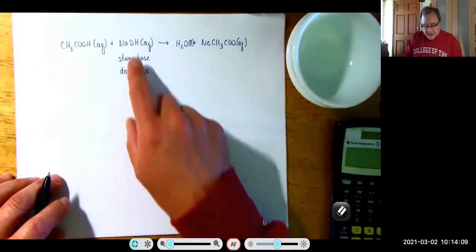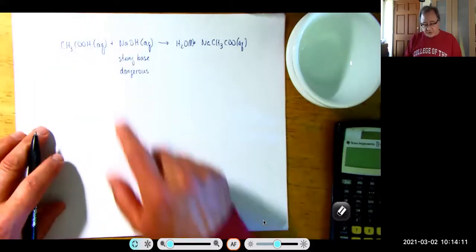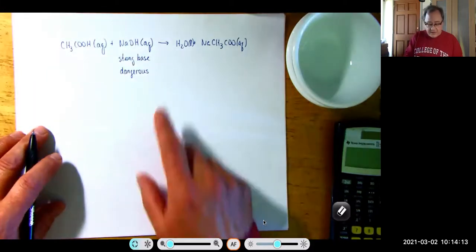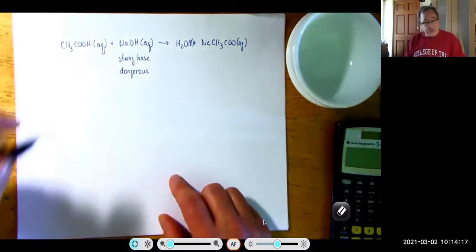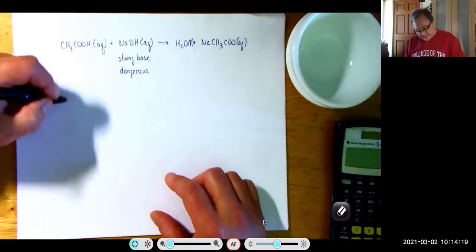Now, to do this reaction, we need to know the concentration of the sodium hydroxide. So normally, we actually titrate the sodium hydroxide with something called potassium hydrogen phthalate.